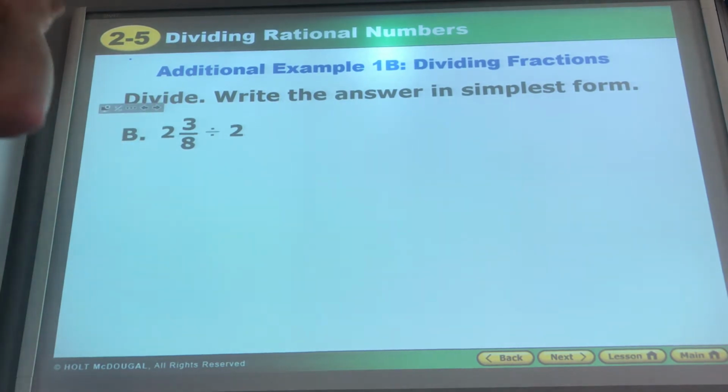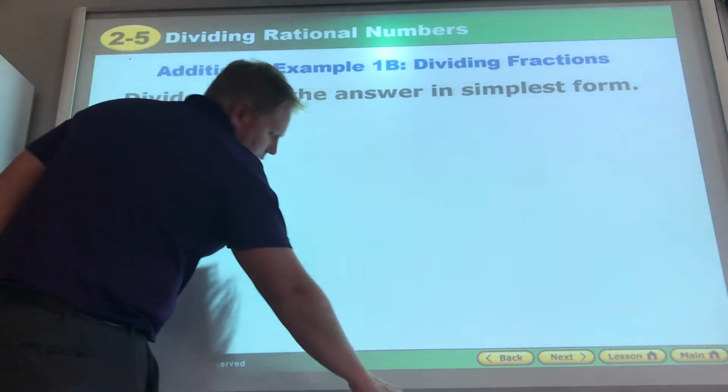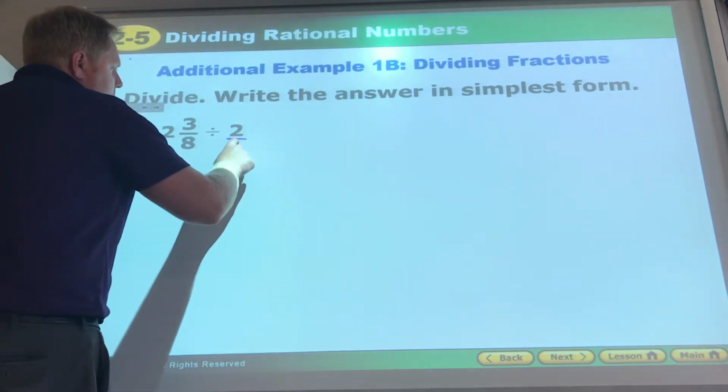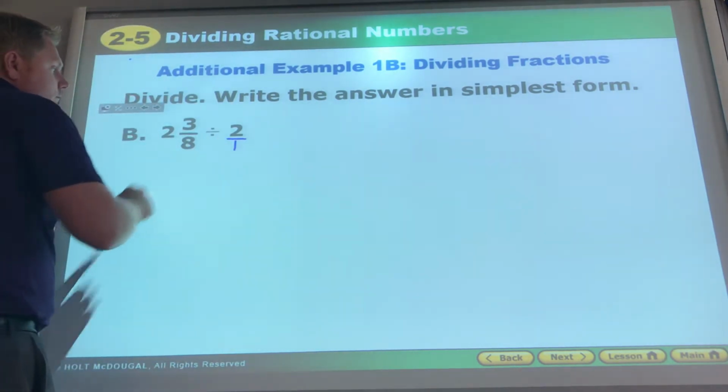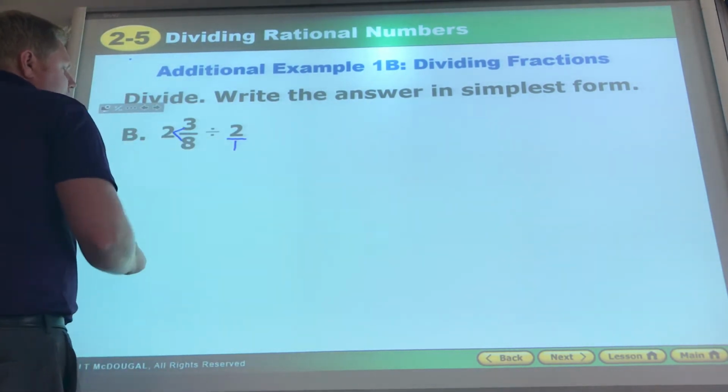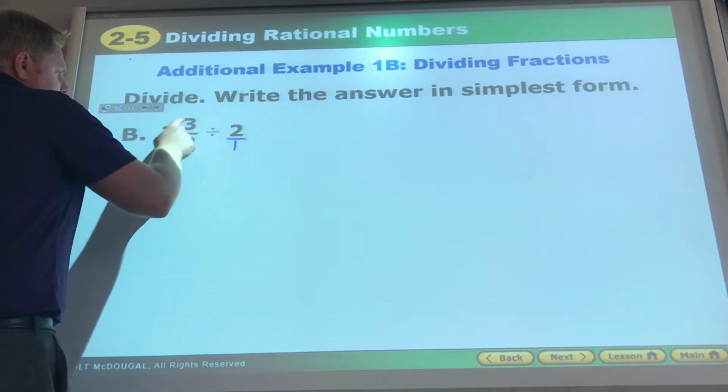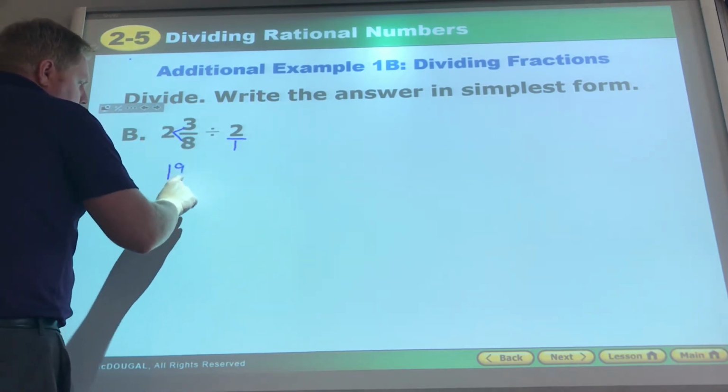Now, before we do the division here, we need to think about this as being 2/1. Do our triangle method, 19/8.